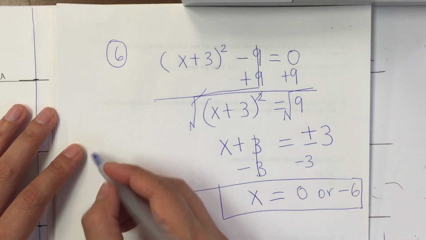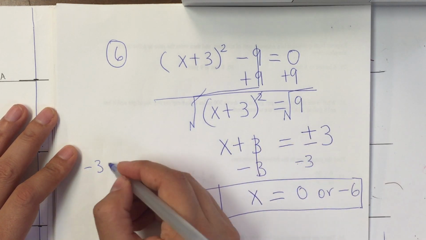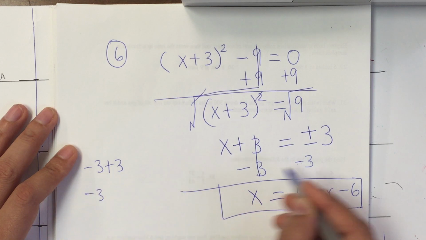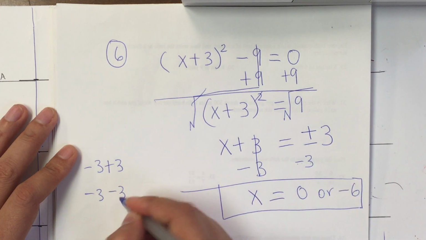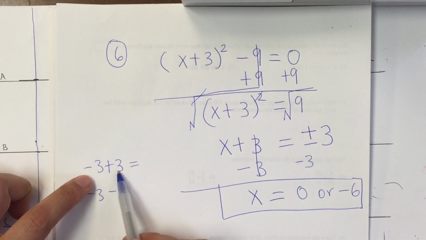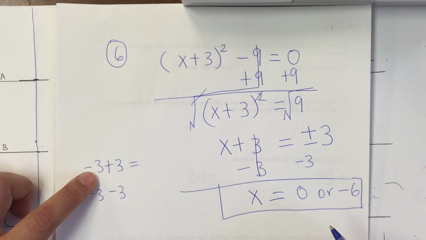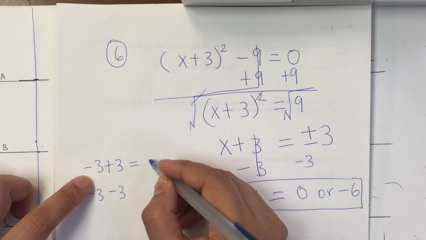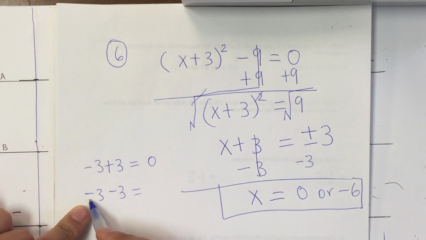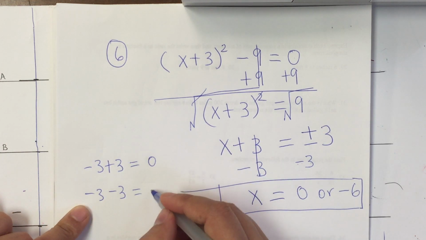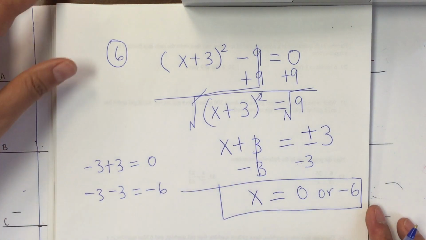Again, you can do it on the side, negative 3 plus 3 and negative 3 minus 3. And you can see that these cancel each other because they're inverse of addition. So that's 0. And addition of negatives, so that's negative 6.